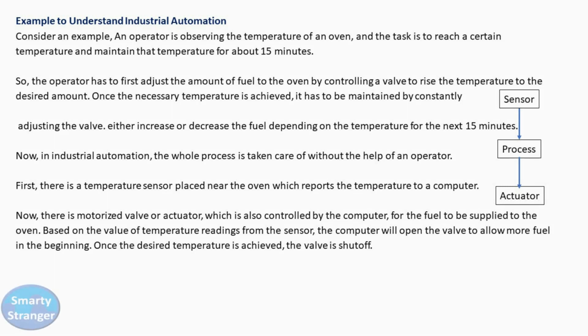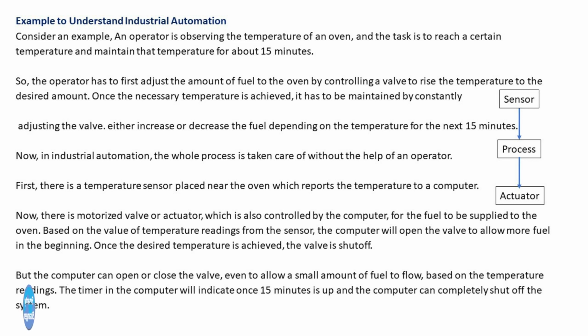Based on the value of temperature readings from the sensor, the computer will open the valve to allow more fuel in the beginning. Once the desired temperature is achieved, the valve is shut off. But the computer can open or close the valve, even to allow a small amount of fuel to flow, based on the temperature readings. The timer in the computer will indicate once 15 minutes is up and the computer can completely shut off the system.